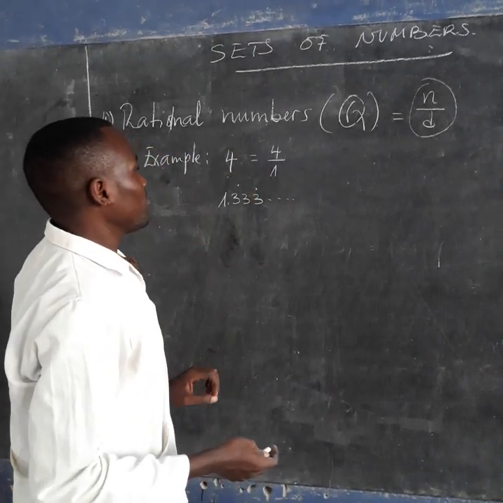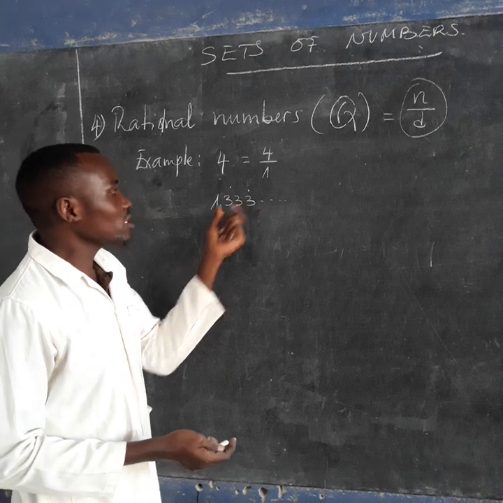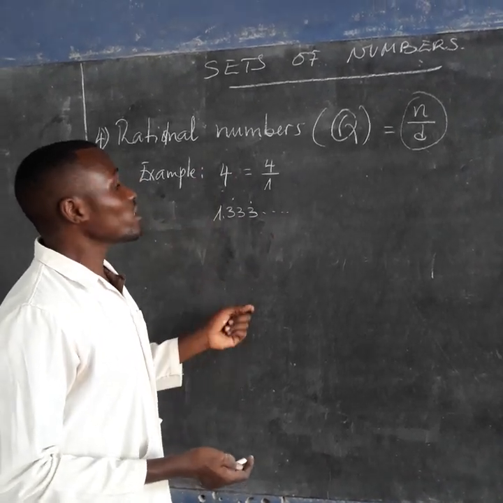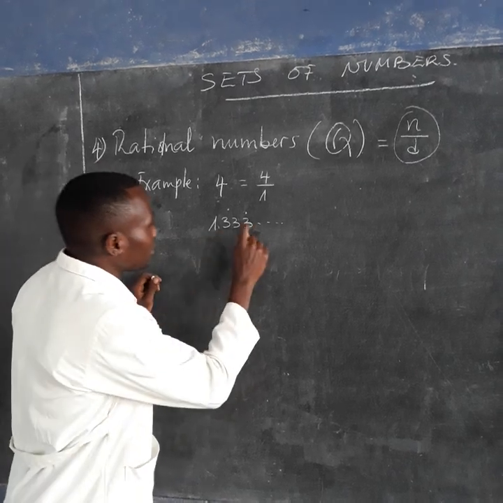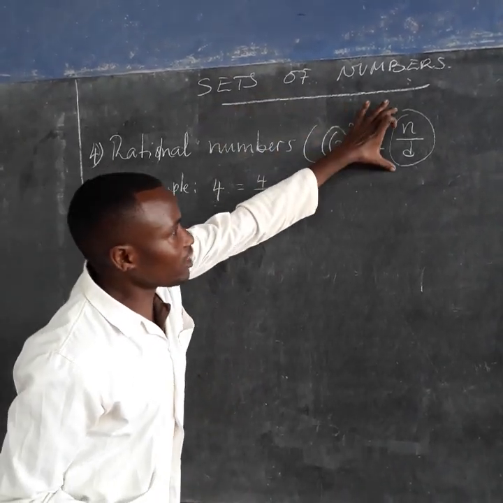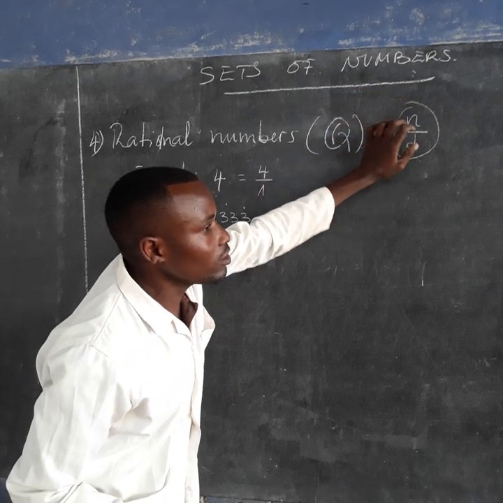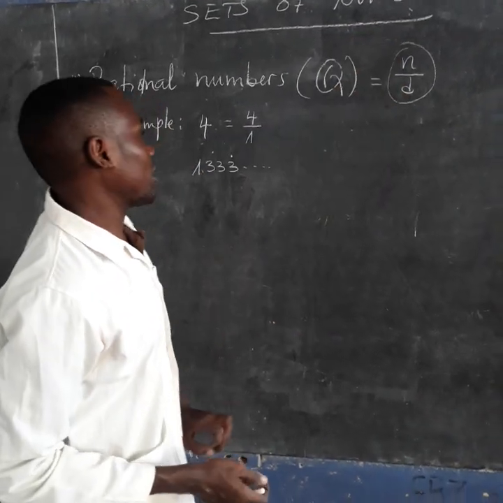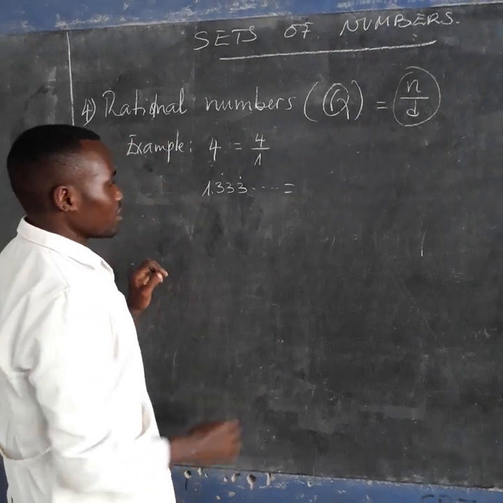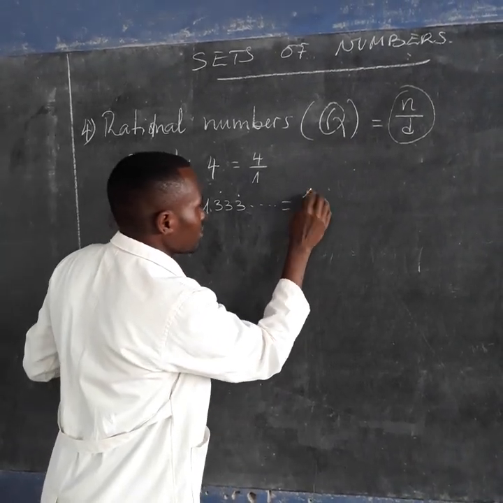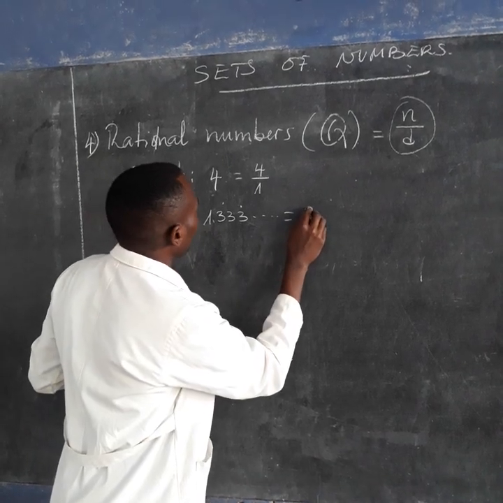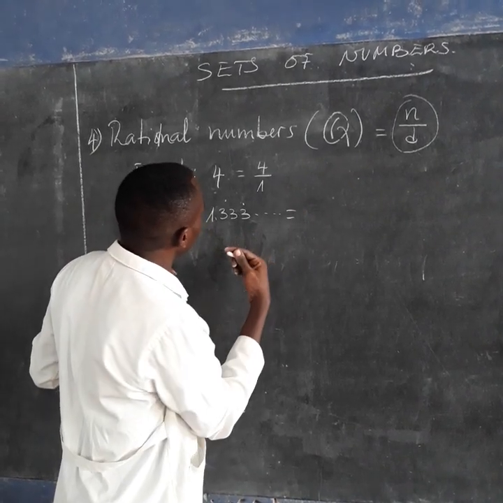This number, because it is a continuing decimal, a recurring or repeating decimal, is a rational number. Because any number which is a repeating decimal can be written as a fraction, a numerator over a denominator, like that. So this number can be written as this.